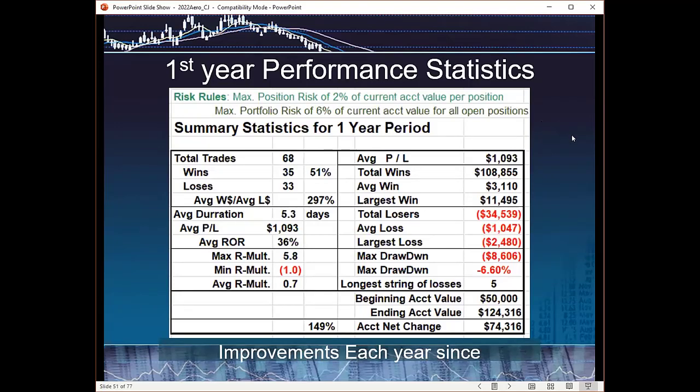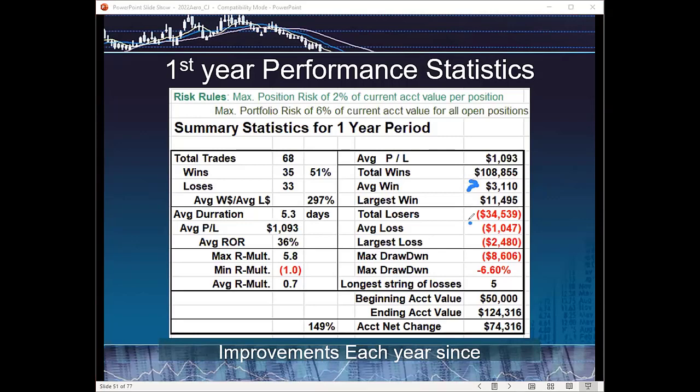The first year of doing this type of trading was the worst performance, but it was still pretty respectable. The first year I did 68 trades, 35 were winners, 33 were losers. The average winner was $3,000.